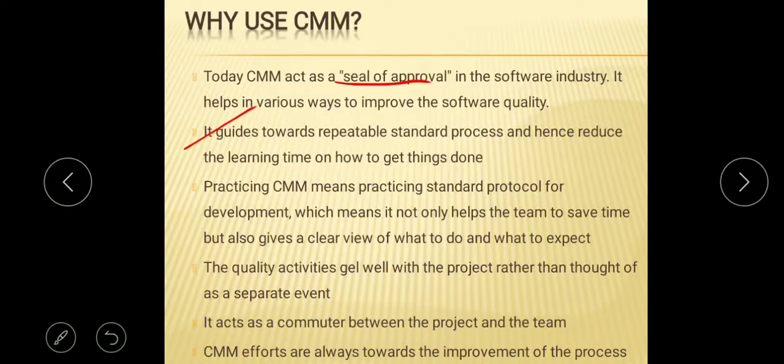It acts as a communicator between the project and the team. CMM efforts are always towards the improvement of the processes. So for these reasons, CMM should be used.